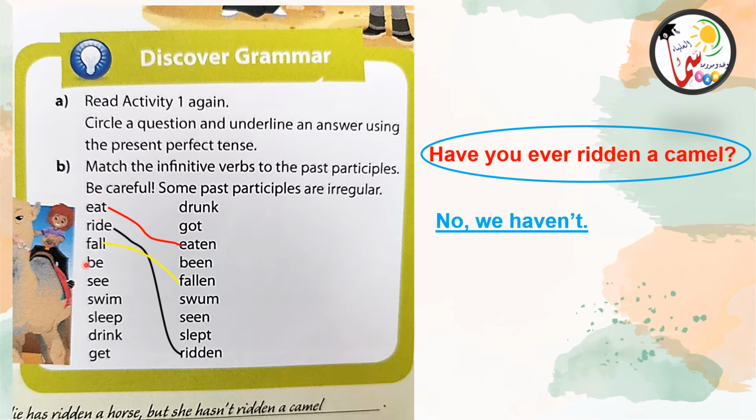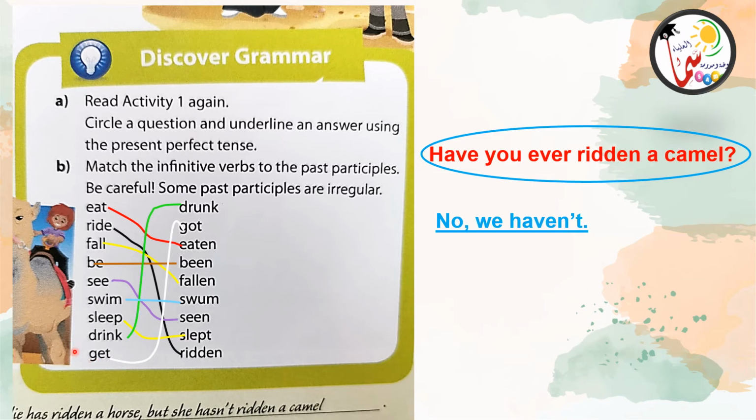Be, been. See, seen. Swim, swum. Sleep, slept. Drink, drunk. Get, got. Very good. Please memorize these and learn them by heart.